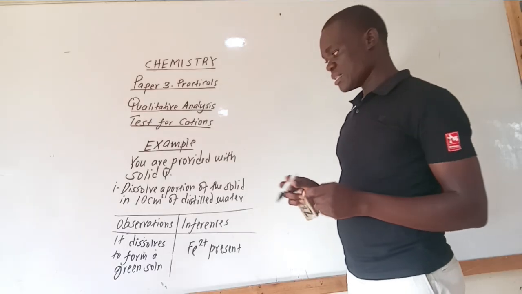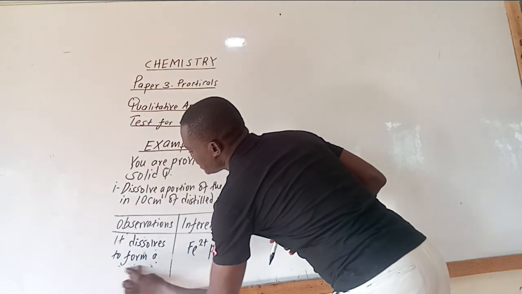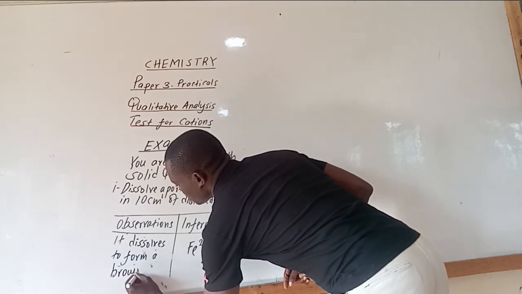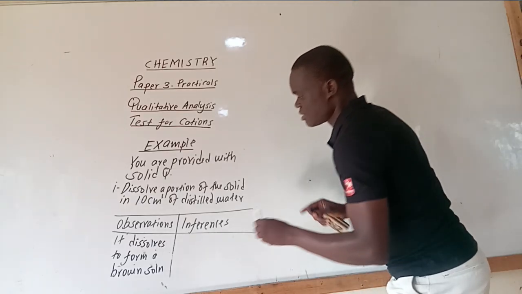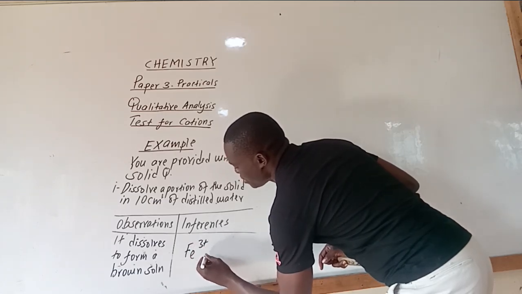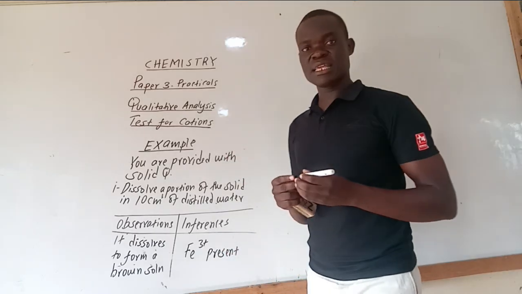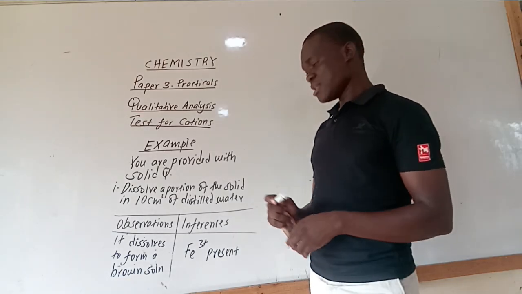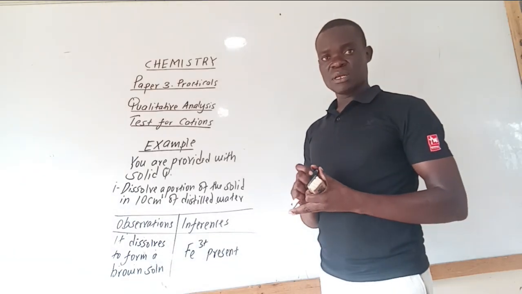And lastly, if our observation is that it dissolves to form a brown solution, then our inference will be iron 3 ion present. So that is all about testing for solubility.